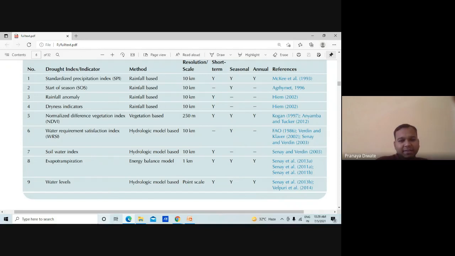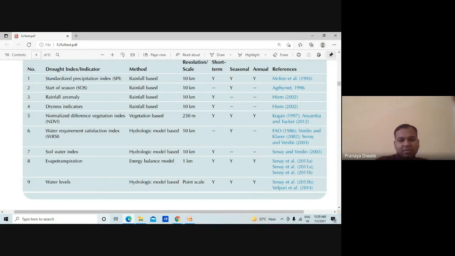Dryness indicator. This is again rainfall-based data, and the resolution is 10 kilometer. Then you have the normalized difference vegetation index, NDVI.